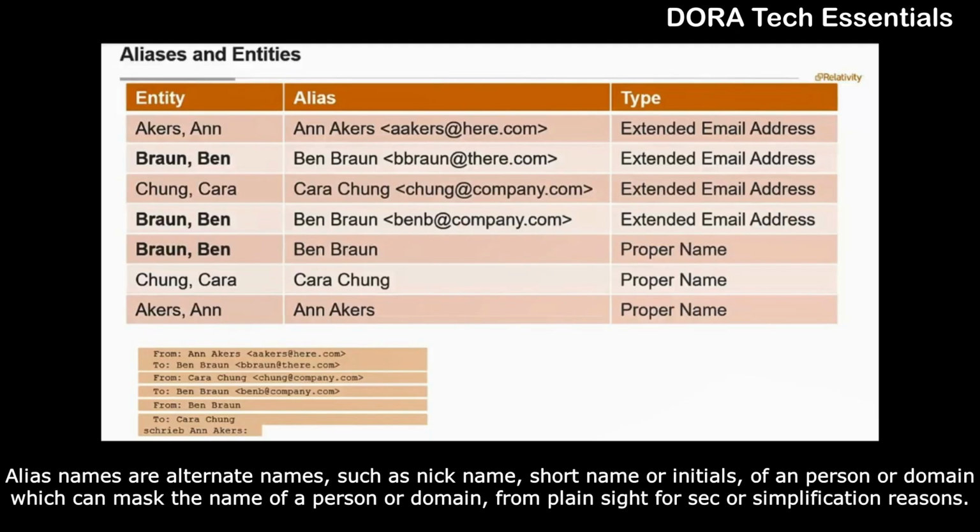Alias names are simple alternate names, such as nickname, short name, or initials of a person or domain, which can mask the actual name of a person or domain from plain sight for security or simplification reasons.